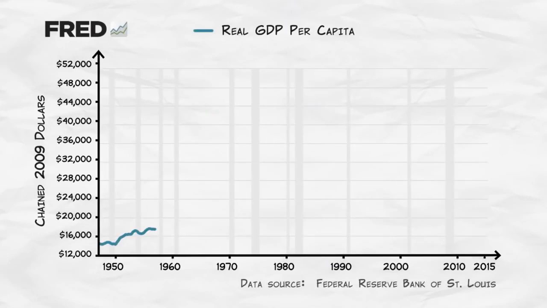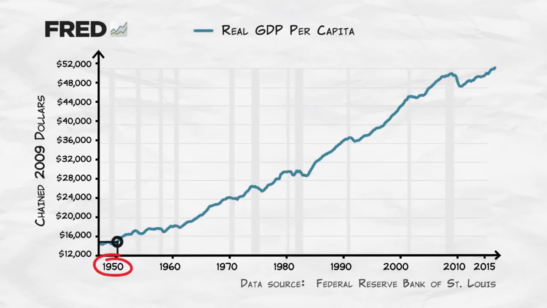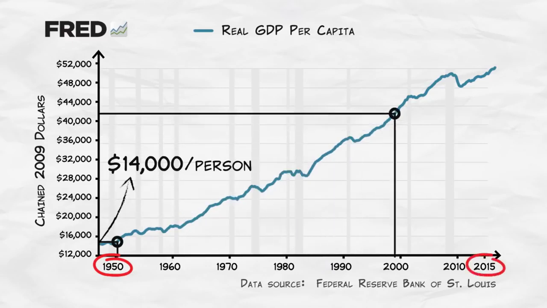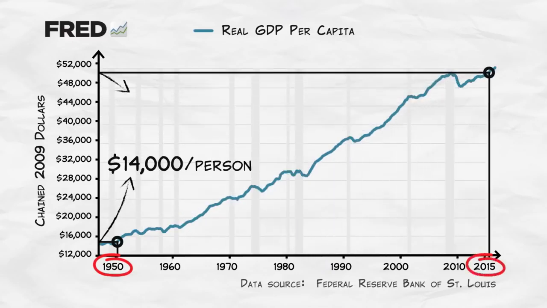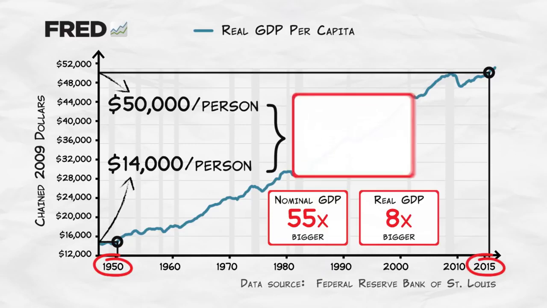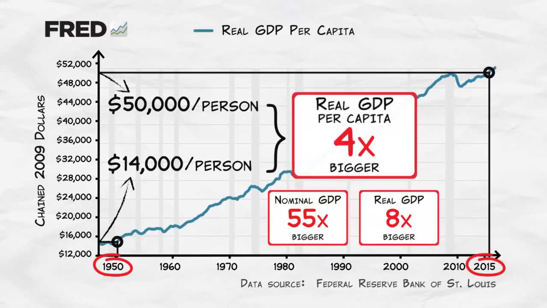Here's what we get. In 1950, real GDP per capita, measured in constant prices, was about $14,000. In 2015, real GDP per capita is about $50,000. So on average, people in 2015 have a standard of living that's 4 times higher than the people in 1950.